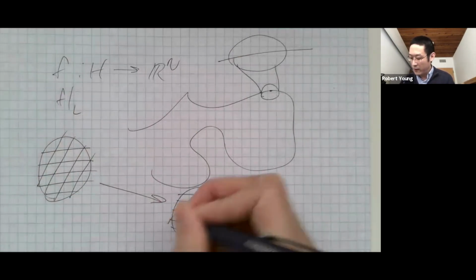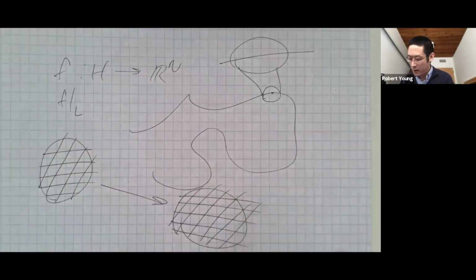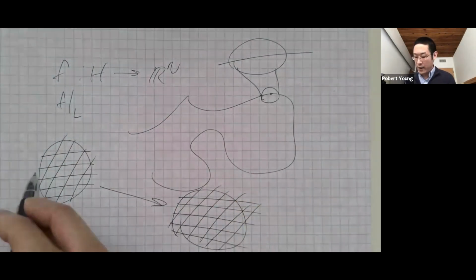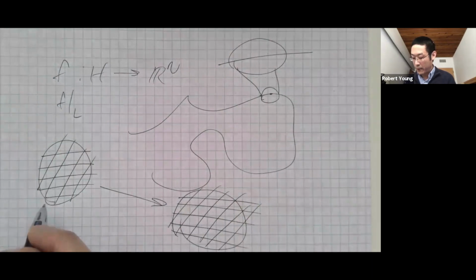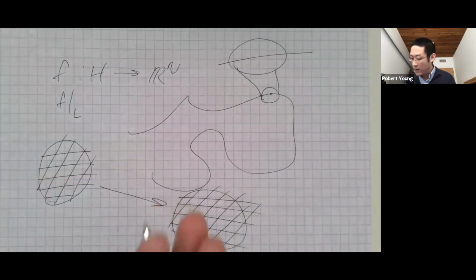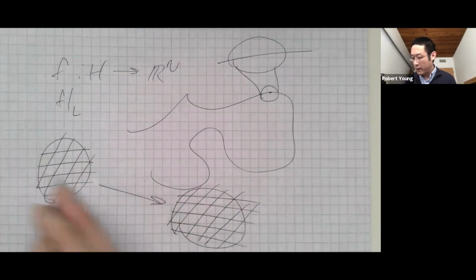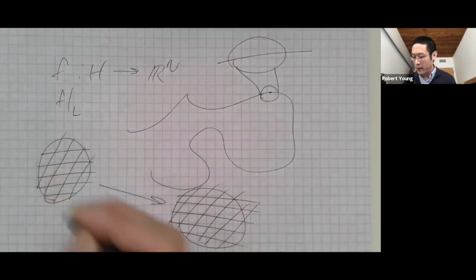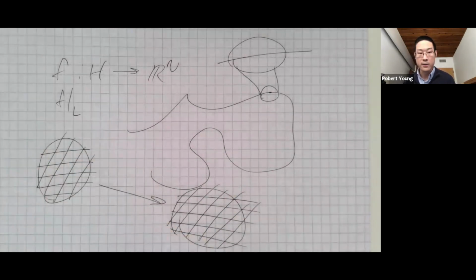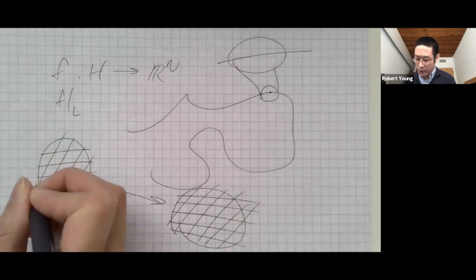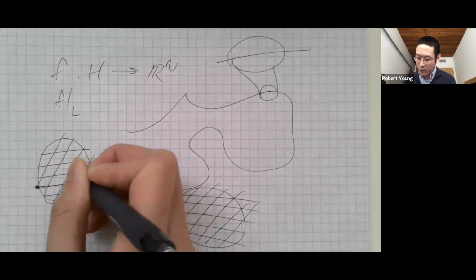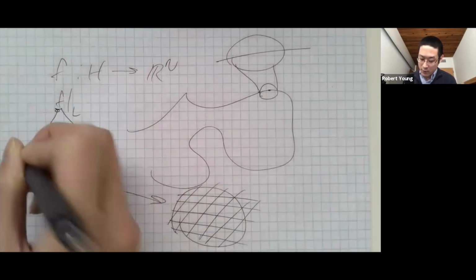In fact, all the blue lines map close to parallel lines in R^n. And so you can find some ball in the Heisenberg group, which might be very, very small, where all the red lines map to lines going in one direction and all the blue lines map to lines going in another direction. But then you have a problem, because we know that if you start at a point in the Heisenberg group and you go around a spiral, right?